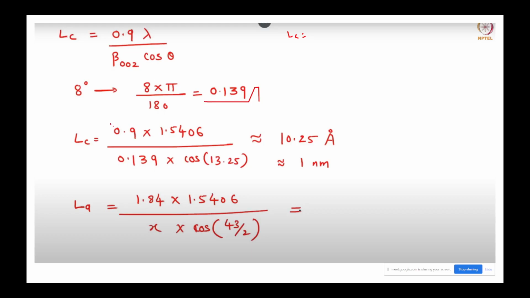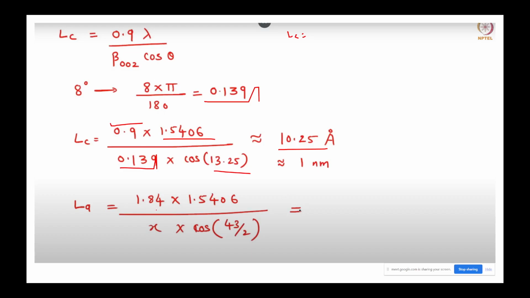Now you put 0.9, lambda value 1.5406, beta value 0.139, and cos theta for 13.25. How much will it come? It would come to 10.25 angstrom, or you can say 1 nanometer.